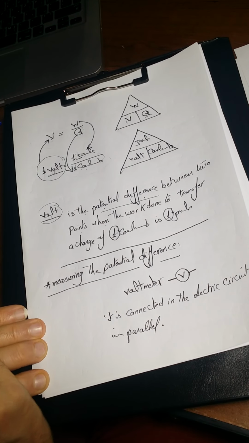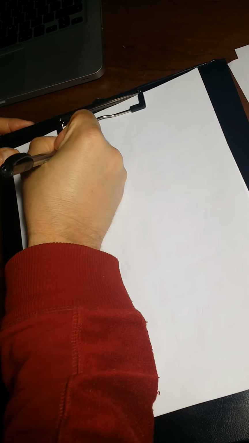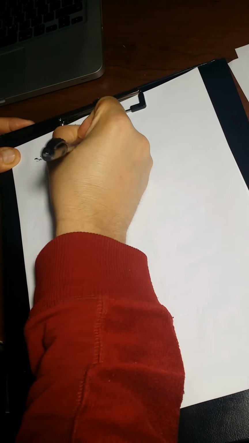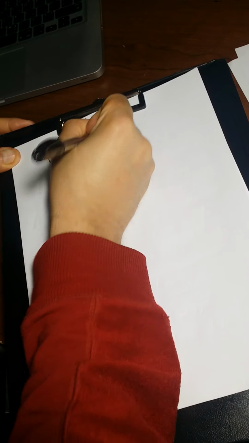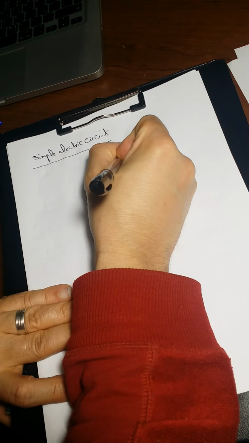What is the simple electric circuit? Any simple electric circuit consists of a source of electricity, which is a battery.